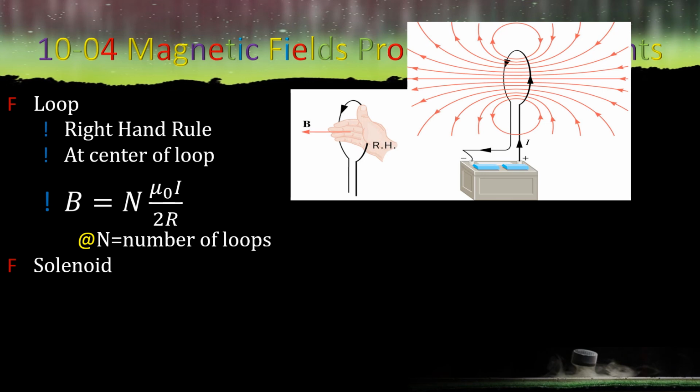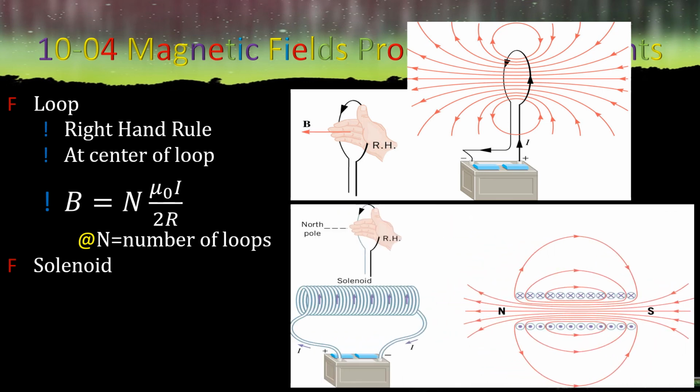This is for the solenoidal case. As you know, a solenoid's construction is like this, and we are applying the same right hand rule here. This is the solenoid, direction of current. It looks like this. It's the north pole, now the south pole. Outside this solenoid the magnetic field is negligible.